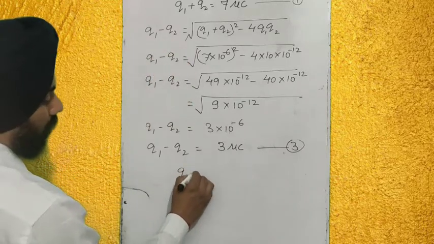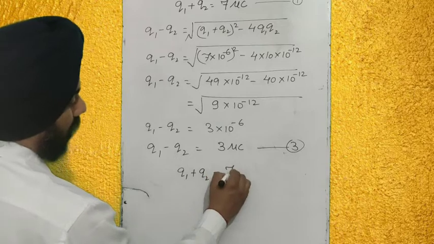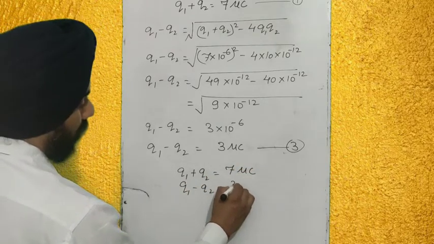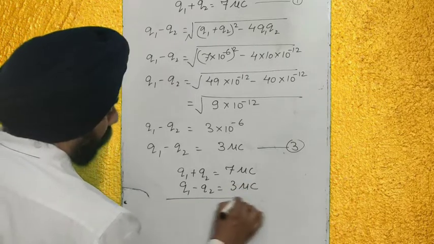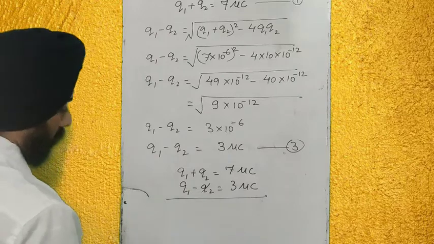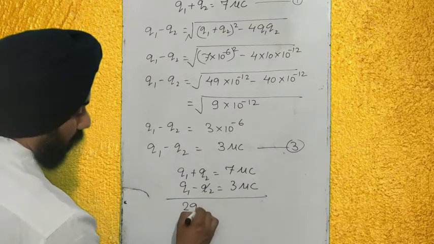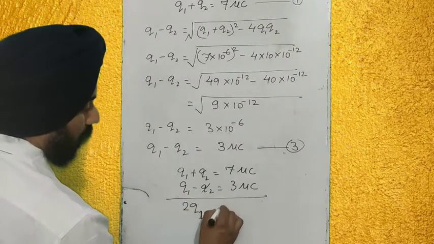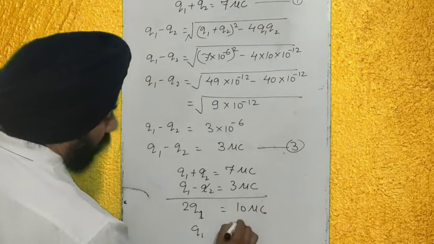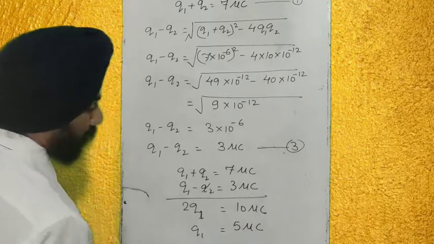So right here Q1 plus Q2 is equal to 7 microcoulomb and Q1 minus Q2 is 3 microcoulomb. Adding, Q2 cancels because one is positive and one is negative. That will be 2Q1 equal to 10 microcoulomb. So Q1 will be equal to 5 microcoulomb.